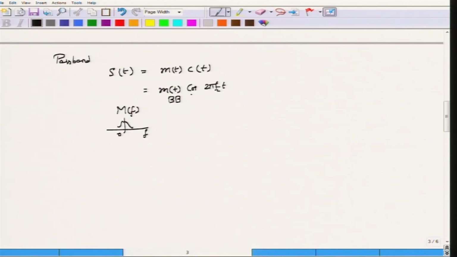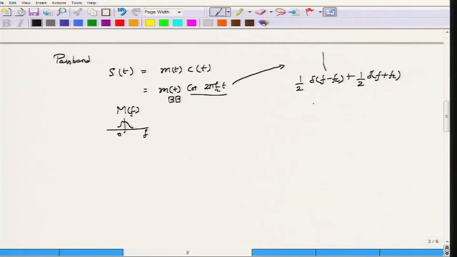What would be the Fourier representation of cos 2 pi fct? Well, we will not go into the details of the Fourier transform, there are some issues here, but the Fourier transform of this one is given by half delta f minus fc plus half delta f plus fc. Okay.